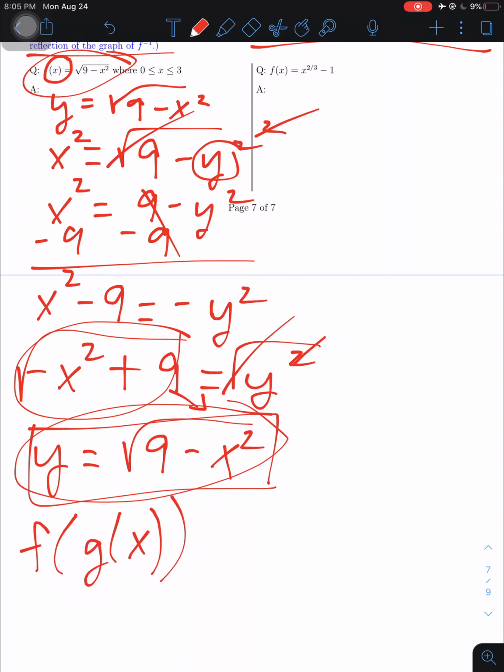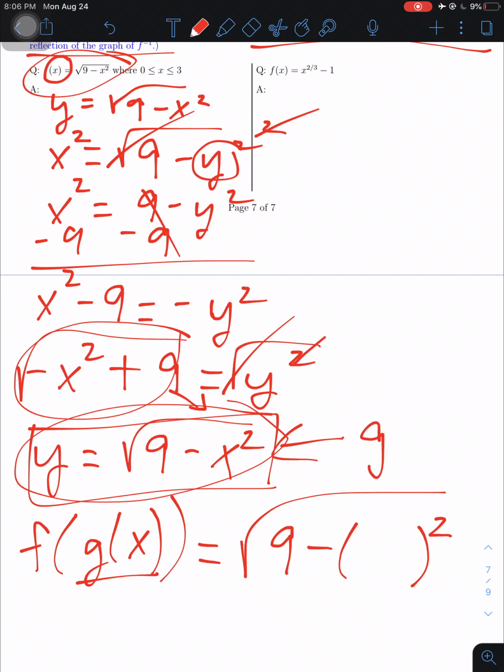Again, this tells you that g of x will be put in place of x in the function f. So I'm going to rewrite the whole function f, but leave a spot for x. I have the square root, the 9, the negative, the square, but instead of x, I'm going to rewrite the whole function g, which is this one.